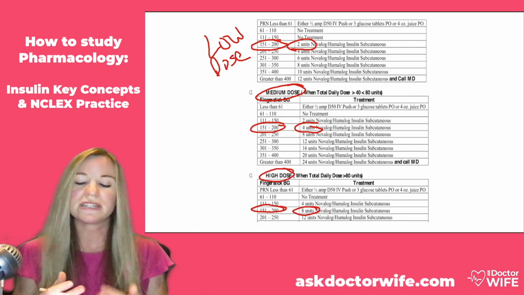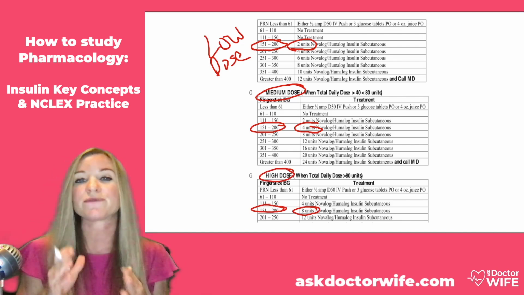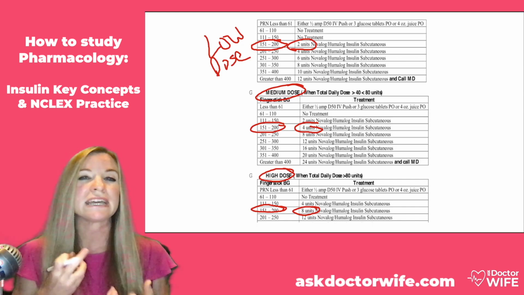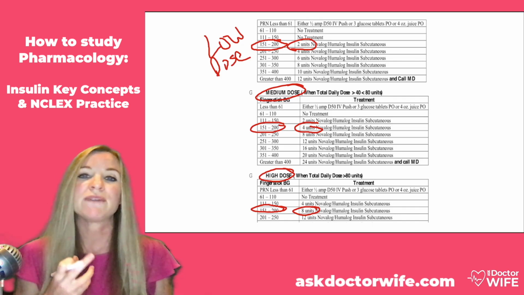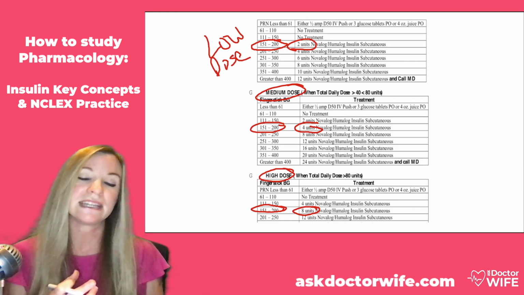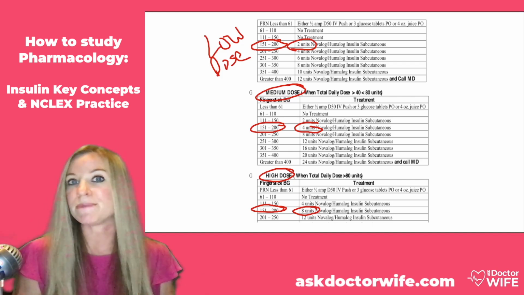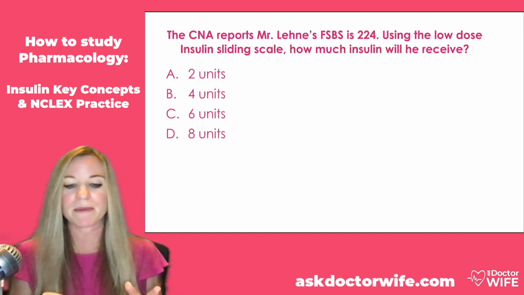So this is just an example of how you can have different insulin sliding scales for different patients. If they are very insulin resistant, then they may have a higher dose scale. If they're very sensitive to insulin, they may have a lower dose scale, or they might be in between with a medium dose scale.